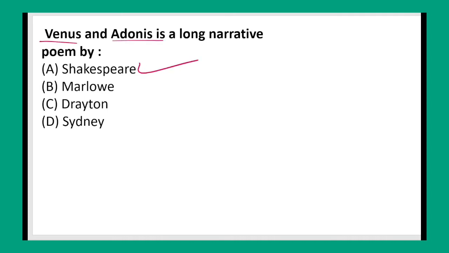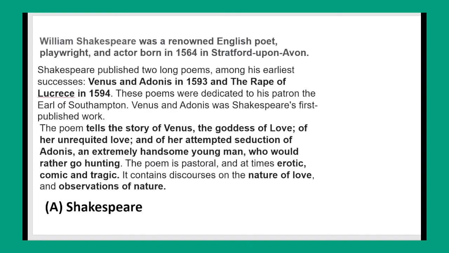So now let's see some explanation about Venus and Adonis. William Shakespeare was a renowned English poet, as we all know. He was a playwright and actor, born in 1564 in Stratford upon Avon. He died in 1616.